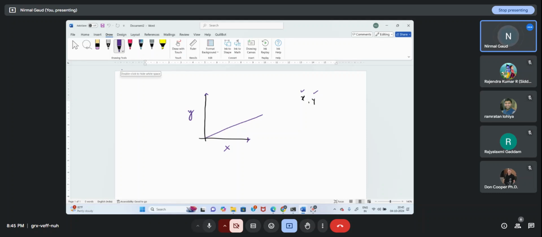And if it happens exactly that the points come in a line, then it is best fit.